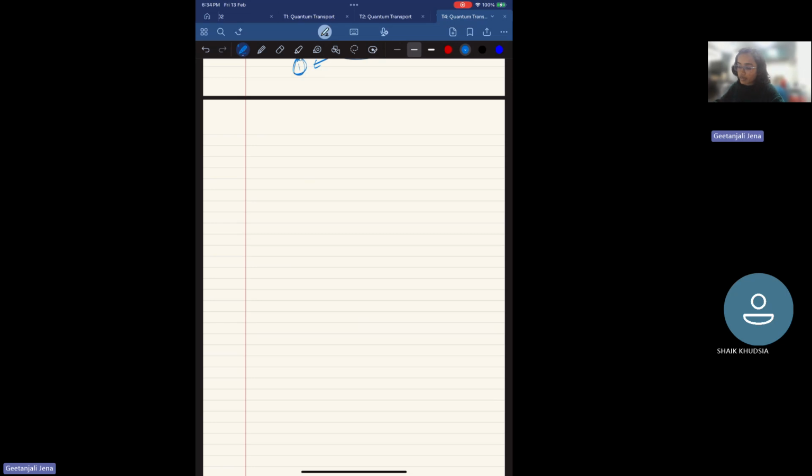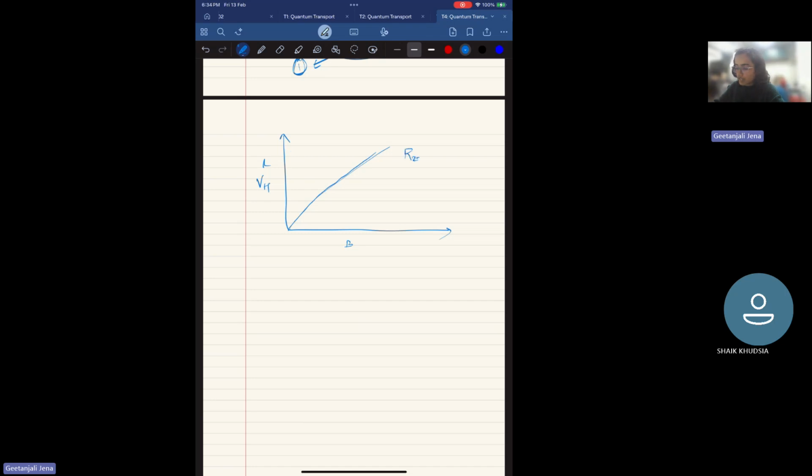Now we will see what will happen when we increase the magnetic field gradually from low to high. If you recall the figure, for a classical case, the Hall voltage is a linear function of the magnetic field. Also the resistance is a linear function.